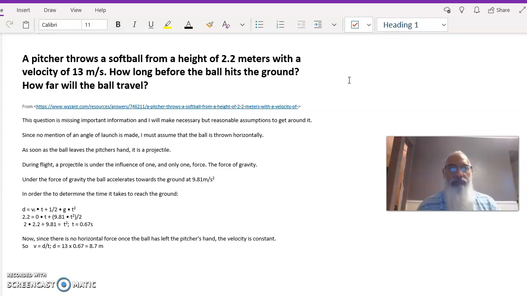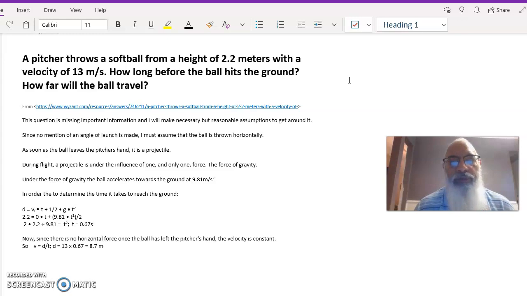Okay, having said that, let us start on this question. One issue with this question is that it does not actually specify what direction the ball is being thrown. I understand that pitchers usually don't project the ball vertically upwards, and that's understandable. However, they don't always project it horizontally either.